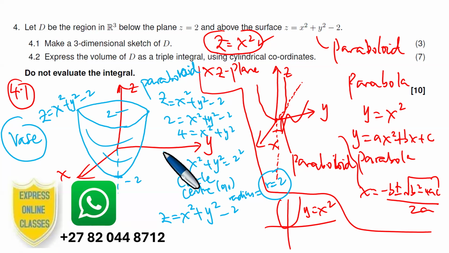Now, a couple of features of the paraboloid we did not spend a lot of time on: in the xy plane, z becomes 0. Whenever z is 0, 0 is x squared plus y squared minus 2, which means x squared plus y squared equals 2.